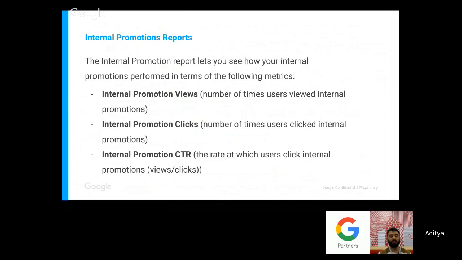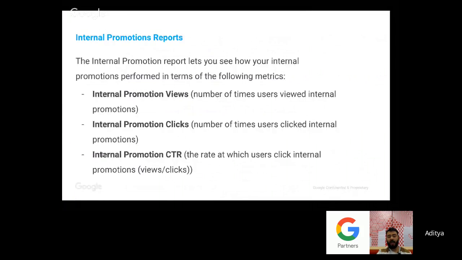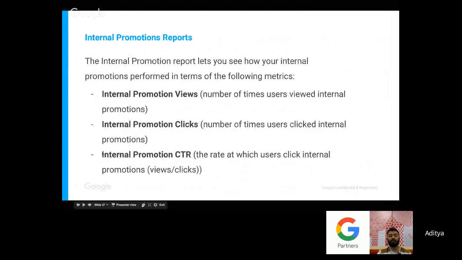This is what tells you what is working well in terms of my marketing. So if I show you a demo, you see that apart from shopping analysis, you have a marketing subsection as well under conversions. So I will open the marketing subsection, and we'll discuss the first report, which would be the internal promotions report.